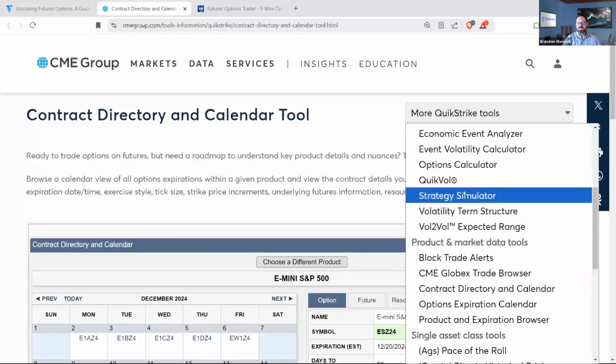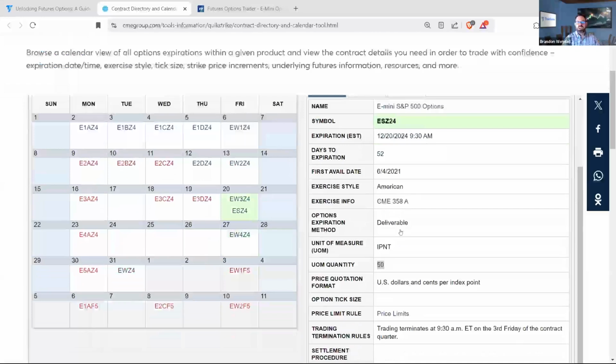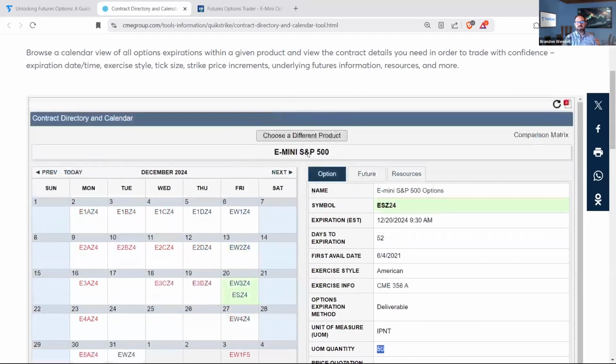You got different calendar calculators, strategy simulators. So you can actually use some of these other tools absolutely free. Some of them are paid, but for the most part, this is the simple tool just to find out more about what it is you're trading and how much that trade is going to cost for the margin deposit based on the quote. You just simply multiply whatever that quote is by the point value for the future. And you find that by looking at that contract.